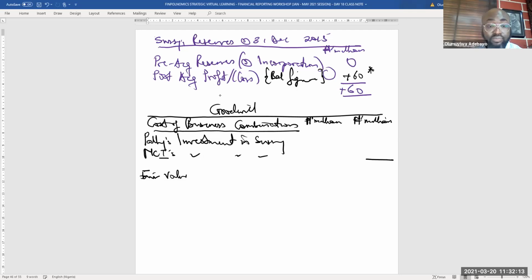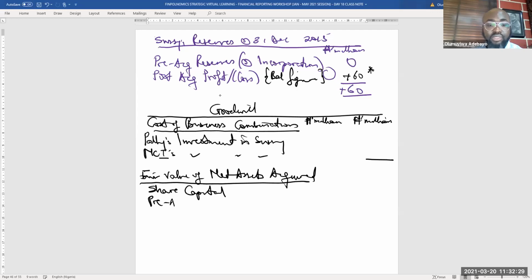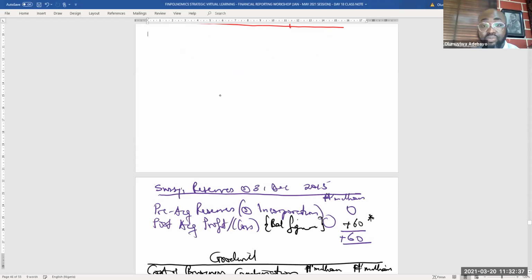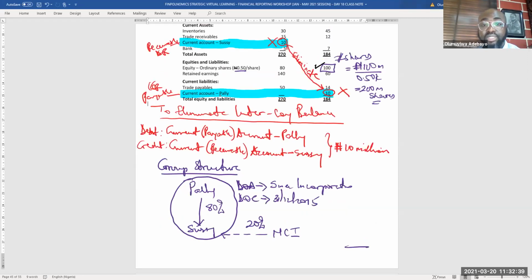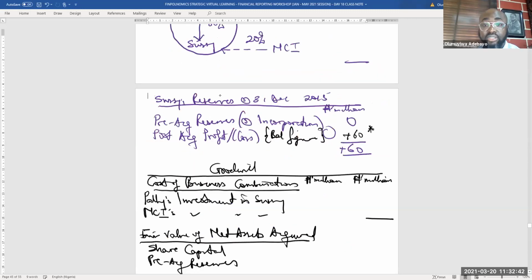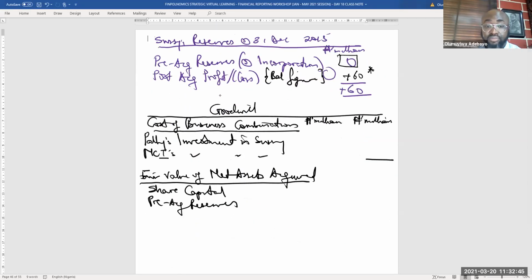The fair value of the net assets acquired: share capital and pre-acquisition reserves. Now, what's our share capital? 100. And what's our pre-acquisition reserve? It is 0. Therefore, we say 100 and 0. That gives us 100.